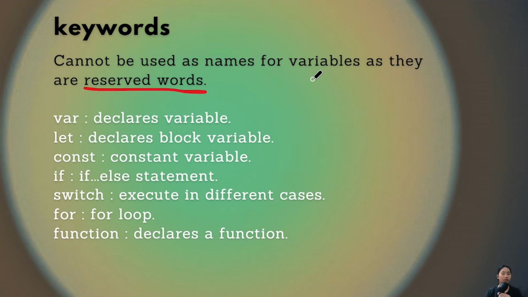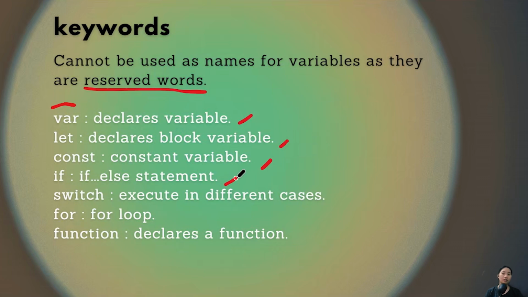But how are you going to execute a variable? Now, these are a few, nonetheless very important, keywords that you need to keep in mind. Var is for declaring a variable. Let declares a block variable. Const declares a constant variable.